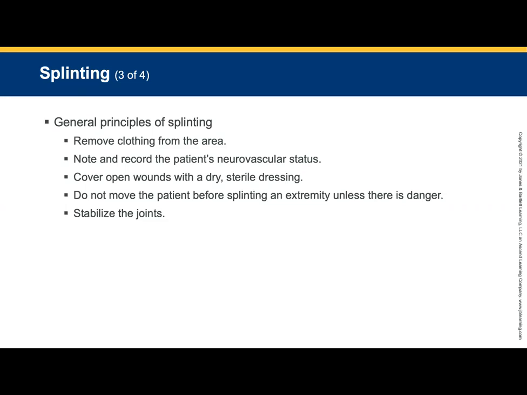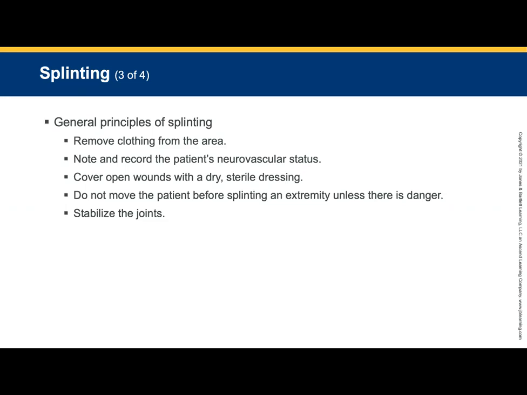If there's a suspected fracture of the shaft of a bone, be sure to stabilize the joints above and below the fracture. Let me read that again, I just messed that all up. Okay, so if it's in the elbow, we want to make sure we secure the whole arm. We want to go above and below.